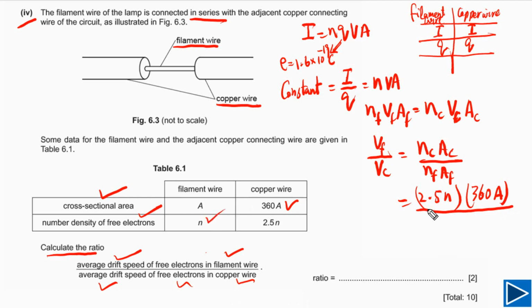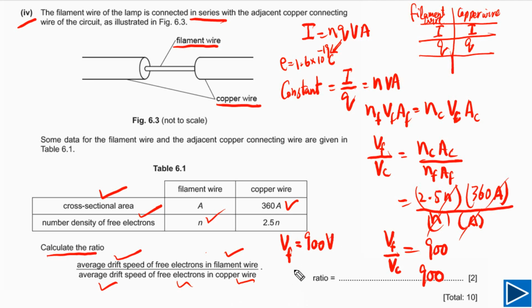The number density for the filament wire is simply N, and the cross-sectional area of the filament wire is given as A. Now we can cancel A with A and N with N. If we just multiply these two, our final answer will be 900. So the ratio between the drift speed in the filament wire and the drift speed of free electrons in the copper wire is equal to 900. So this is our final answer. You can also understand it like this: the speed of free electrons in the filament wire is 900 times greater than the speed of free electrons in the copper wire.